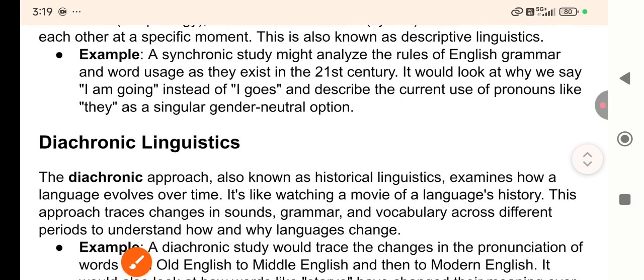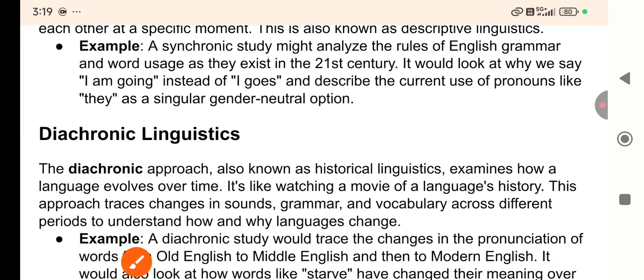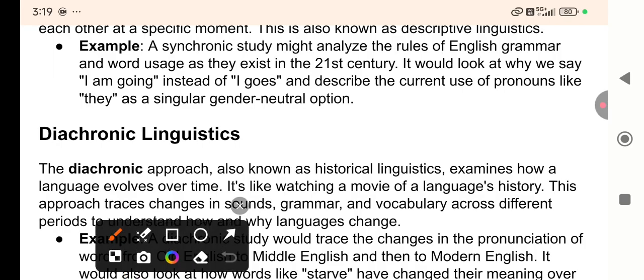Now, an example of a synchronic study. A synchronic study might analyze the rules of English grammar and word usage as they exist in the 21st century. So suppose you are doing a synchronic study, you would analyze the rules of English grammar and word usage, like fantabulous, as they exist in the 21st century.